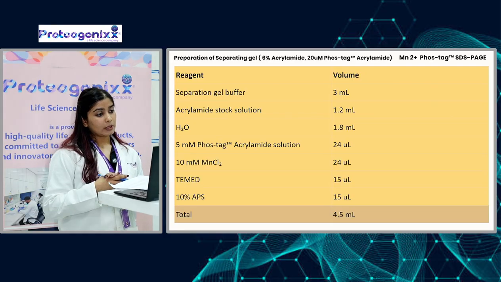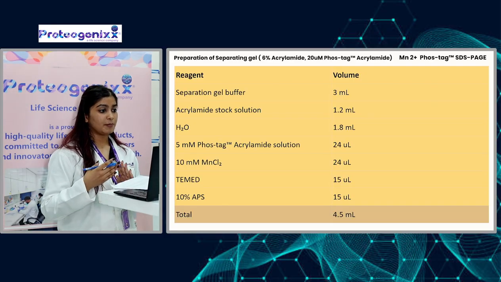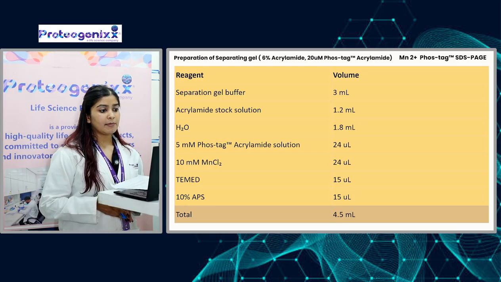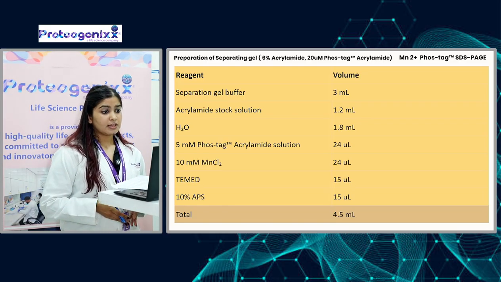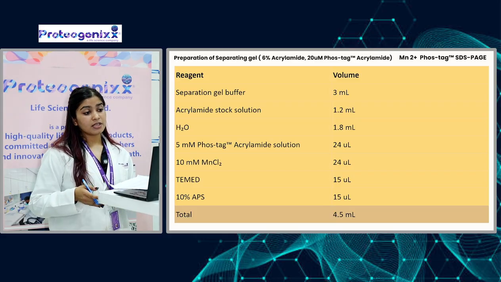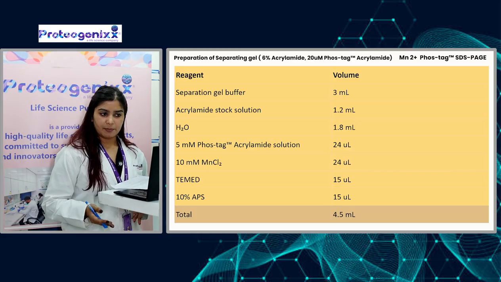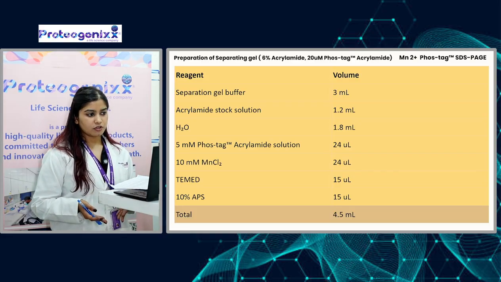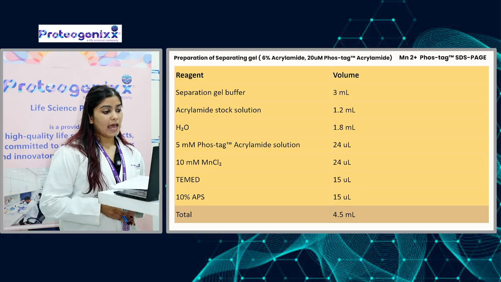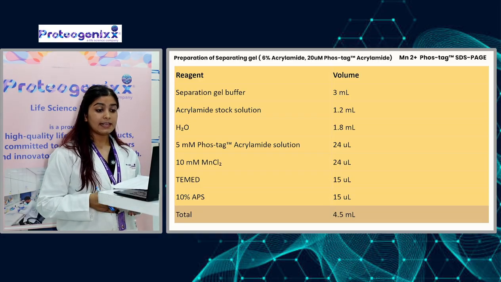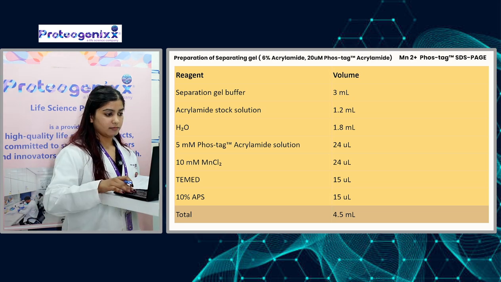Now, this slide outlines the recipe for preparation of the separating gel with 6% acrylamide and 20 micromolar phosphate acrylamide. This is for manganese phosphate, when we are using manganese phosphate. So this gel mixture contains the separating buffer, acrylamide stock solution, water, and then we add 5 millimolar phosphate acrylamide and 10 millimolar manganese chloride.